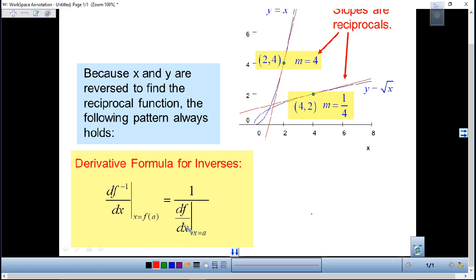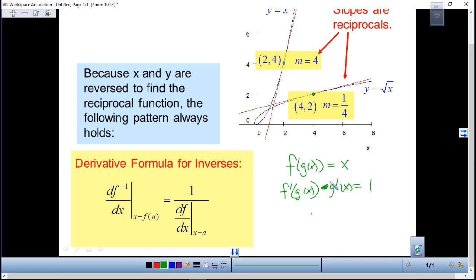Now another way that you can look at this, and this is the way I do it. I honestly do not remember this formula specifically, but what I think of is two functions that are inverses, f and g. And if we do a composite of two functions that are inverses, we're always supposed to get x. So if I differentiate this, what I'm going to get is f prime of g of x times g prime of x equals 1.